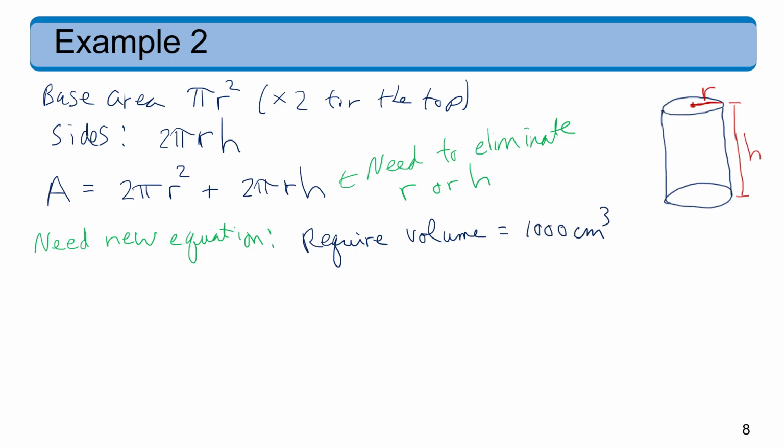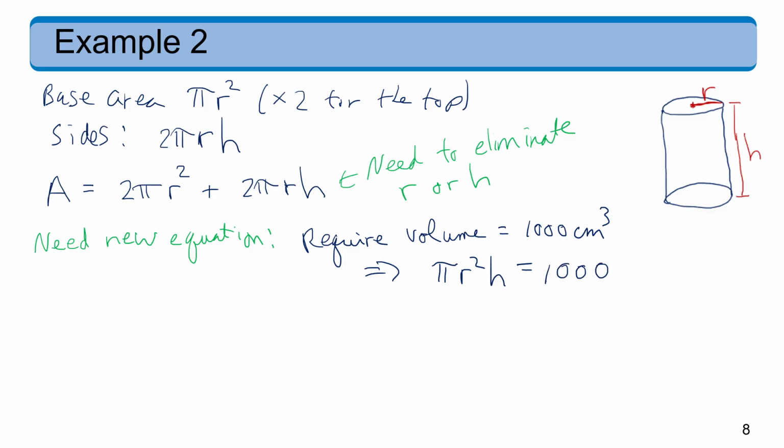So to write this in equation form, we need a formula for the volume and then set it equal to 1,000. Okay, so the volume of this cylinder here can be found by taking the base area times the height. So the base area is just the area of that circle, pi r squared, times the height. Right, so that tells us pi r squared h is the volume, and we're setting that equal to 1,000.